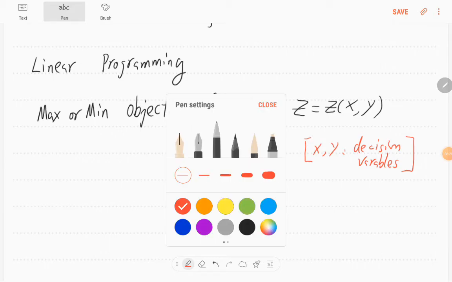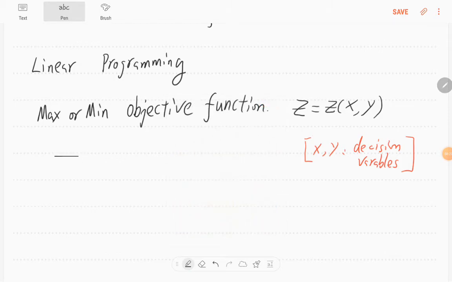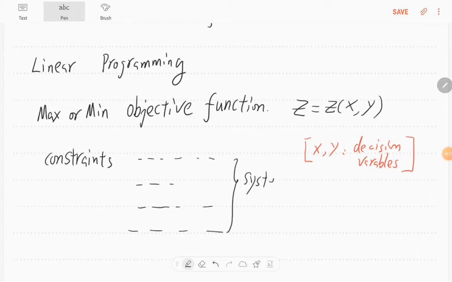The next part is called the constraints. The constraints are formed by some inequalities, which actually form a system of inequalities.